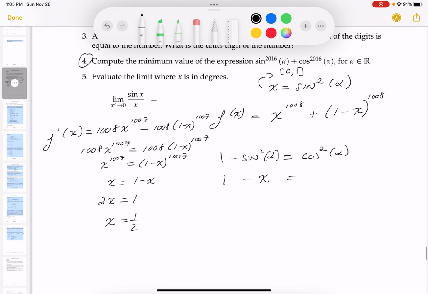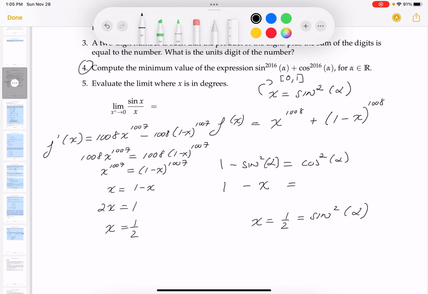Let me go back over here. x equal to 1/2 is equal to sine squared alpha. Well, before I go forward, I probably should show that between the intervals 0 and 1, this 1/2 would be a minimal value.